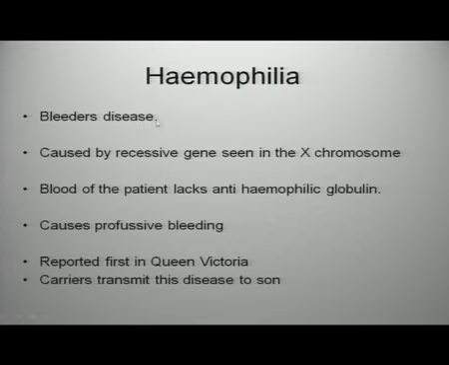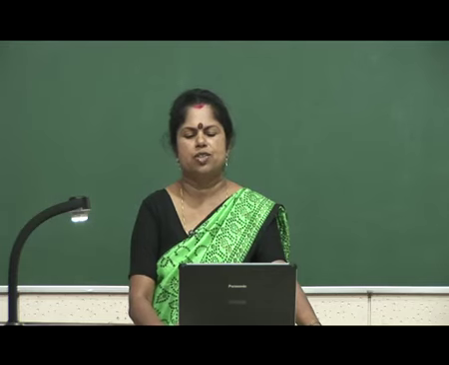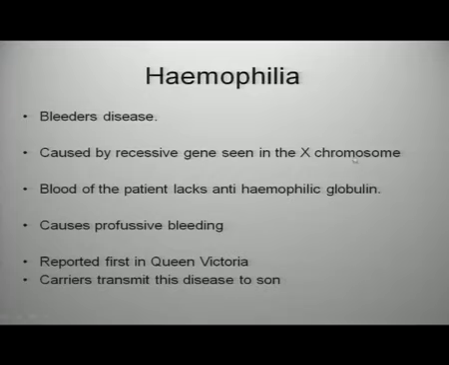It is known as bleeder's disease. It is caused by a recessive mutant gene which is seen in the X chromosome, not in the Y chromosome. The normal gene for hemoglobin is mutated to a recessive gene.